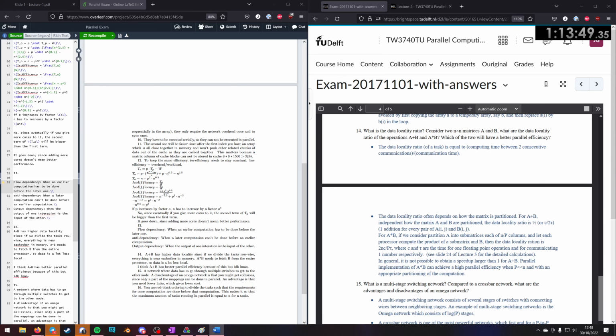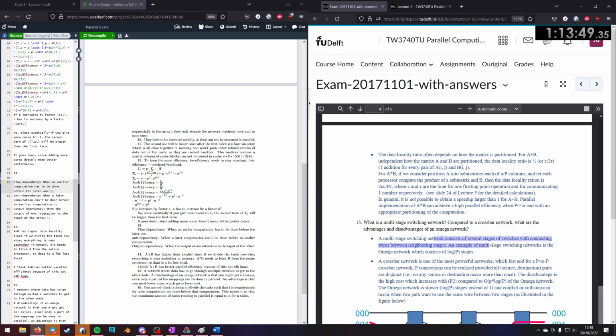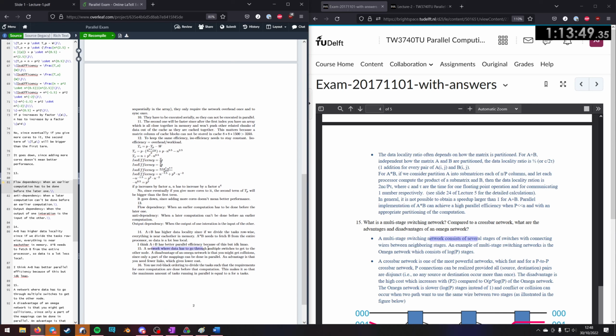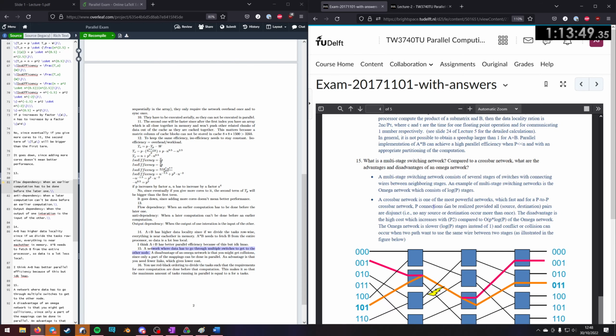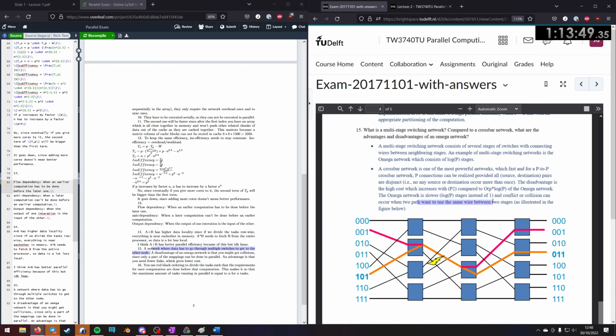15, multi-stage networks is several stage switching. Yeah, so here I said a multi-stage network is that data has to go through multiple switches to get to the other node. Yeah, several switches. Crossbars are more powerful. Fast point-to-point connection can be realized provided all pairs are disjoint. High cost, it should be P squared. Slower, P stages.